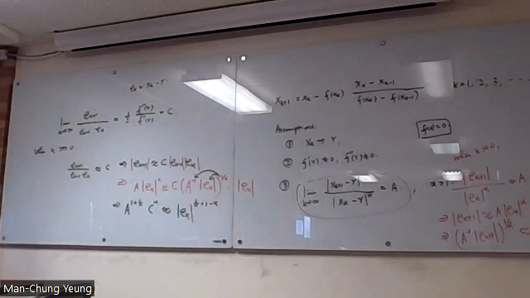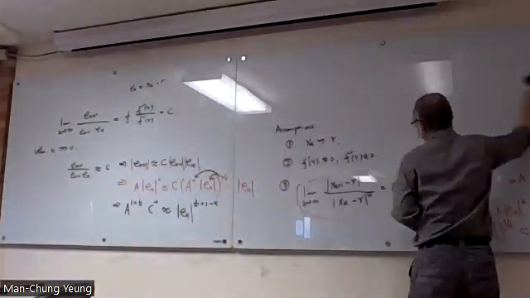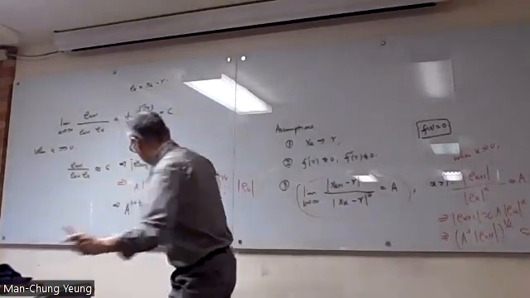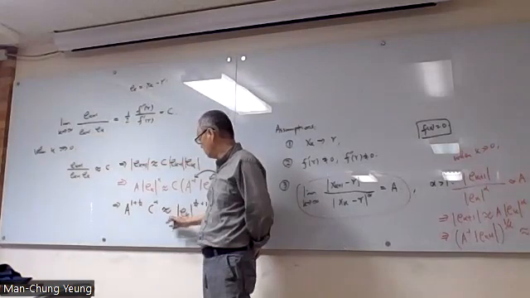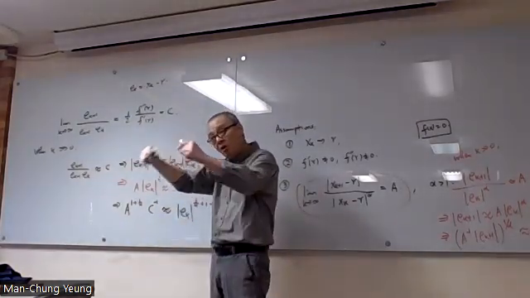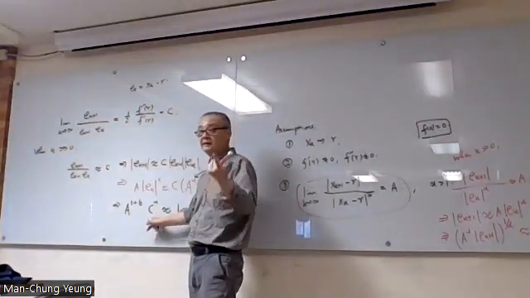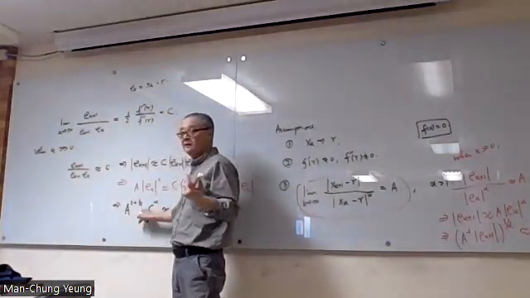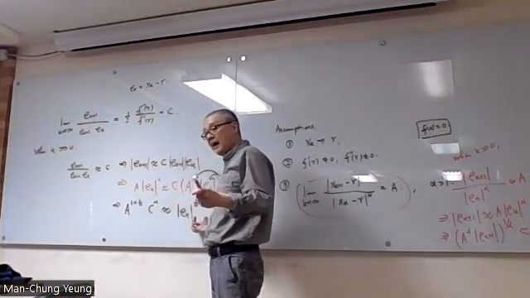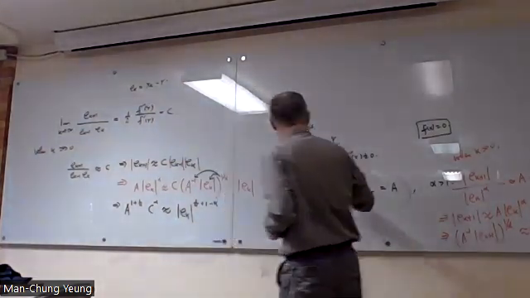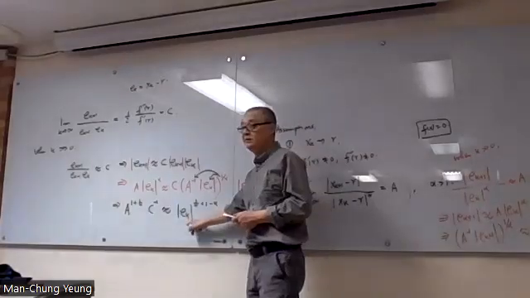Now from here, about this approximation when k is very large, left side and right side are almost the same, okay? But the left side is constant. Can you see that? Alpha, A, C are constants. But the right hand side approaches 0, because we assume the error approaches 0.